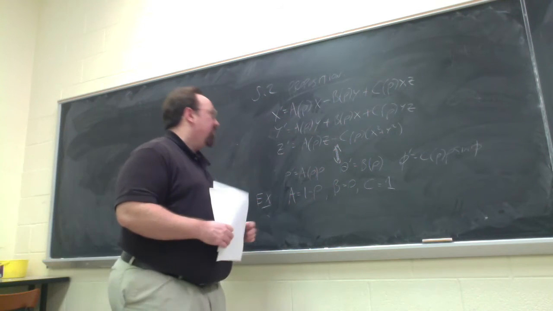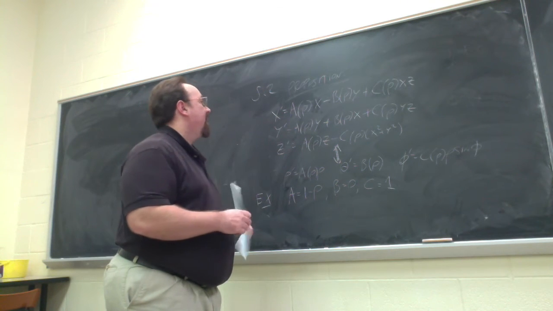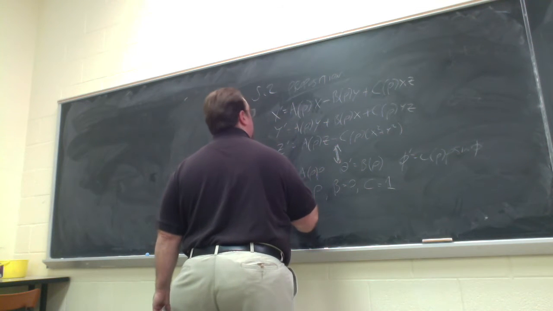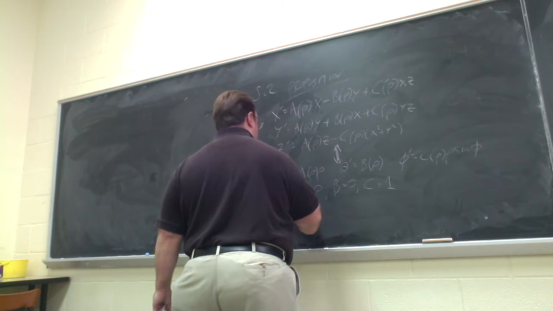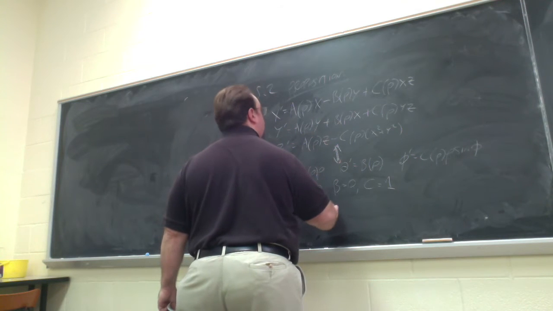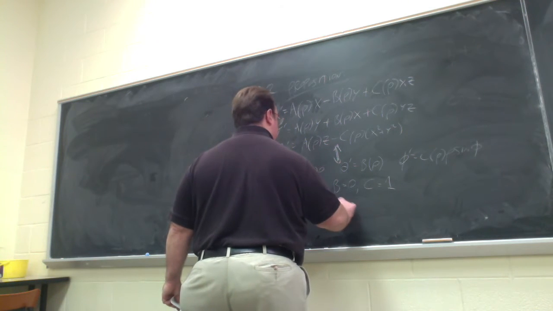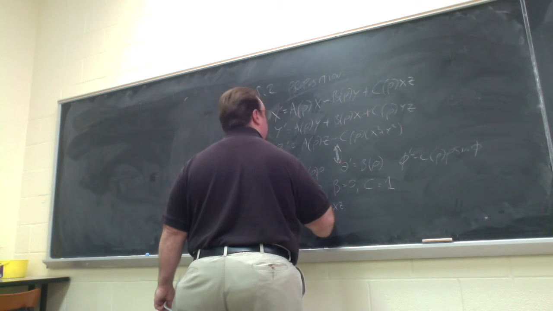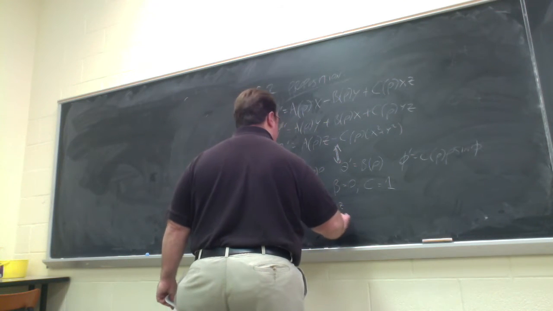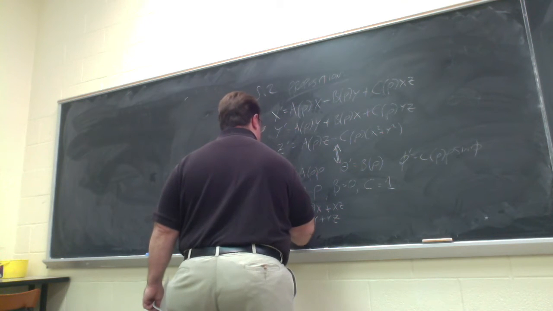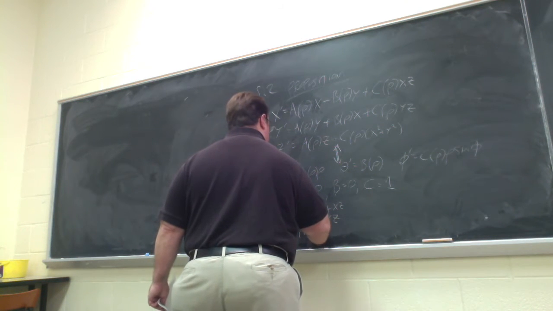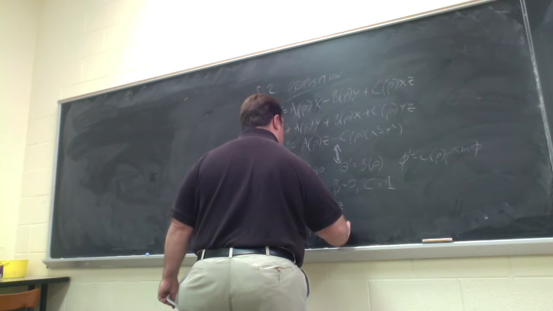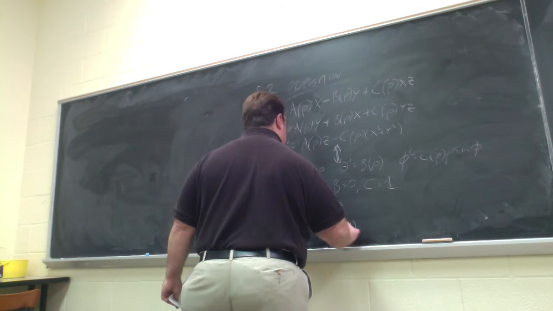What that means is this system, x prime is 1 minus rho x plus xz, y prime is 1 minus rho y plus yz, and z prime is equal to 1 minus rho z minus x squared plus y squared.